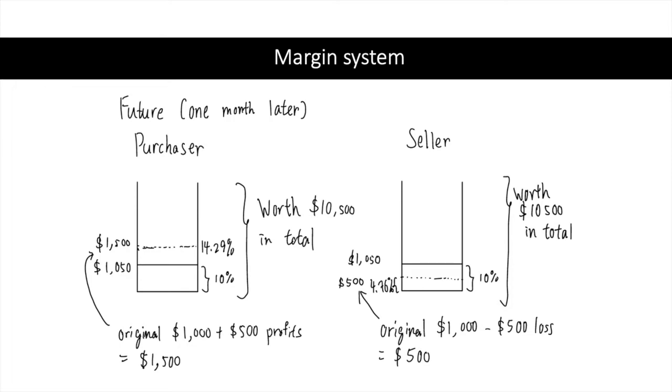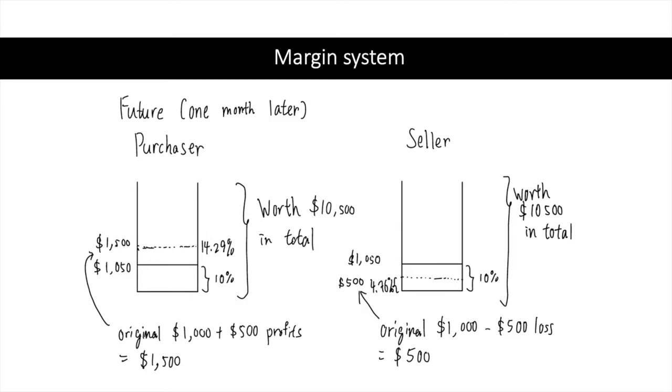For the seller on the right-hand side, there is a $500 loss. So $1,000 initial margin minus $500 loss will be $500. So in the seller's own trading account, there is only $500, which constitutes 4.76% of the margin, which is below 10%.